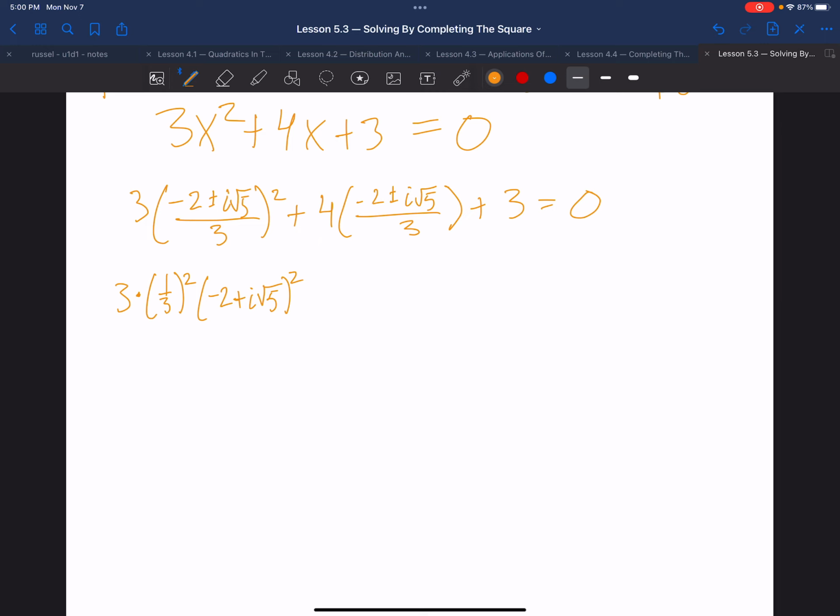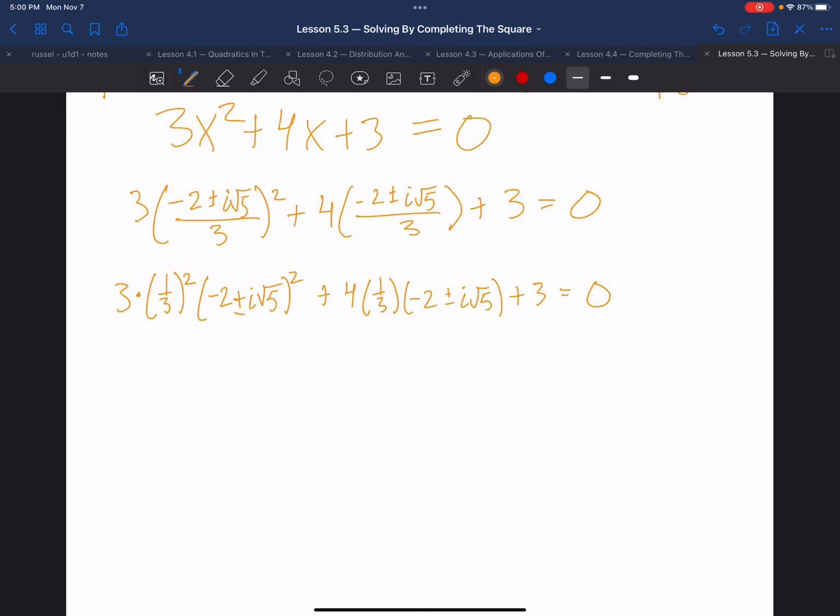And that's using a property of exponents, because it's just 1/3 times negative 2 plus or minus i root 5. I can do that just fine. And then I'm going to do the same here, plus 4 times 1/3 times negative 2 plus or minus i root 5 plus 3 equals 0.